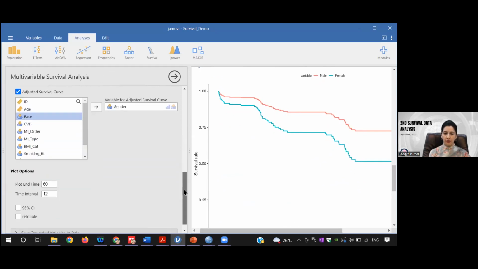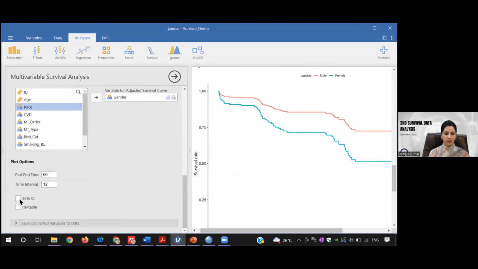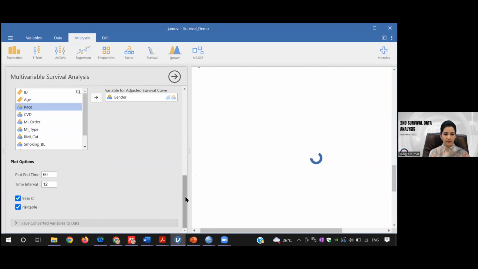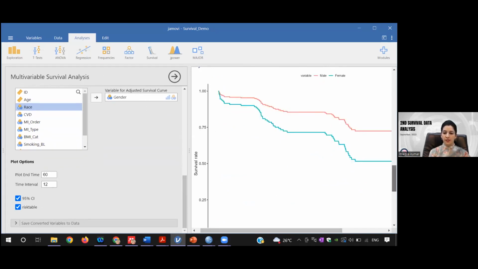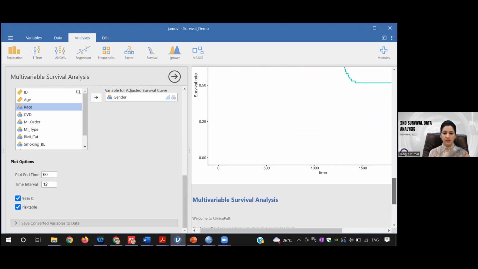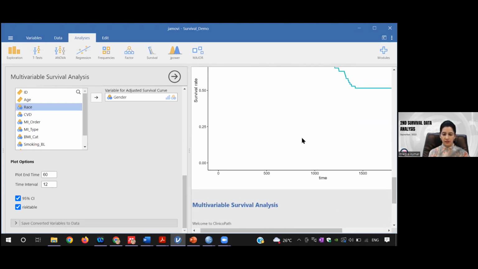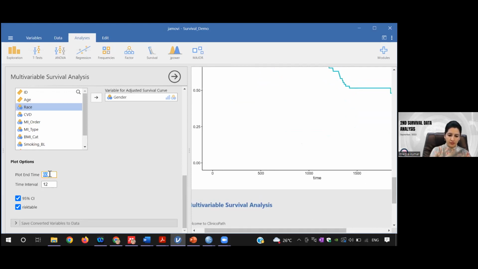Can you recall what was the unadjusted one? If you want, okay, I'll just show you. So this gives you the adjusted survival curve for each variable. Okay, just a sec. Let me see why it is not coming. So maybe I can set 2500 because that was the days.